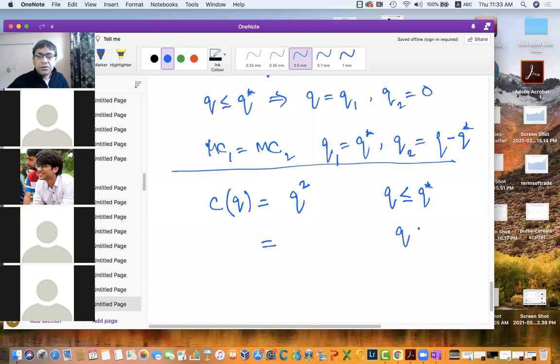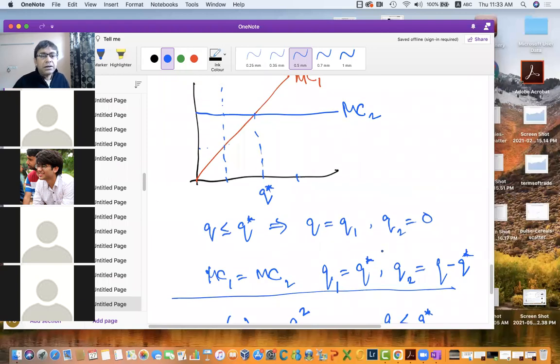And for Q greater than Q star, it'll be Q star produced in the first factory, and the remaining produced in the other factory, so Q minus Q star. So that's your cost function. Okay, you have to write it in a piecewise fashion.